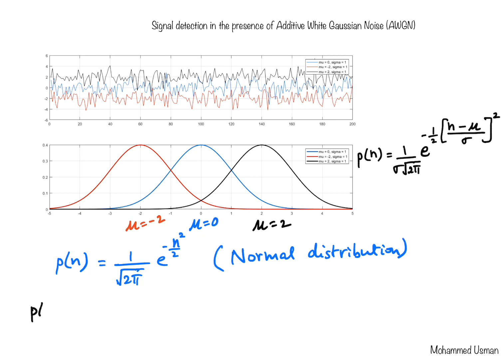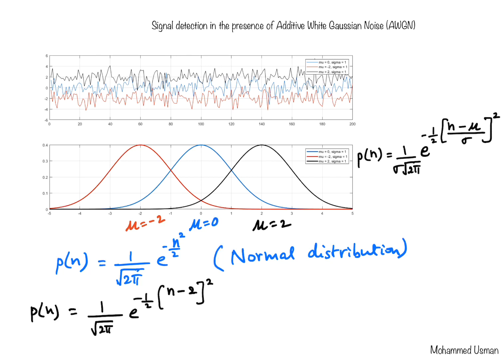So we will have p(n) equal to 1 upon sigma root 2 pi, and sigma is 1 here, e power minus half, (n minus the mean value, which is 2) by sigma. Sigma is 1, so we don't need to write the denominator, the whole square. So that's the PDF expression for the Gaussian PDF with mean equal to 2 and standard deviation equal to 1.